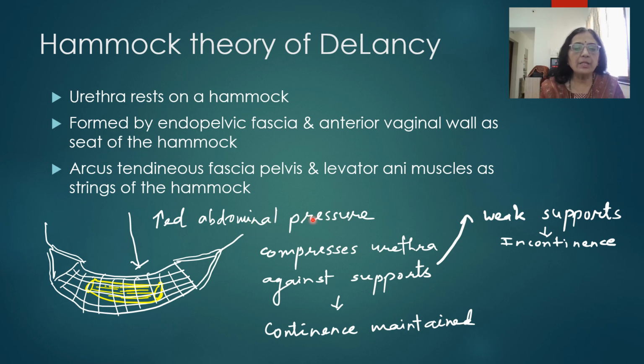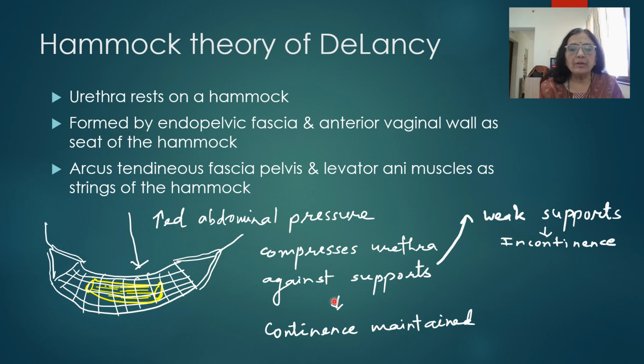What happens with increased abdominal pressure is that this pressure compresses the urethra against the support formed by the anterior vaginal wall and endopelvic fascia. Because of this compression, the urethra remains closed and continence is maintained in spite of increased intra-abdominal pressure.